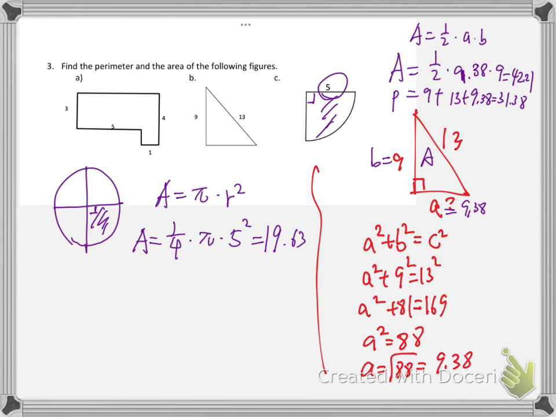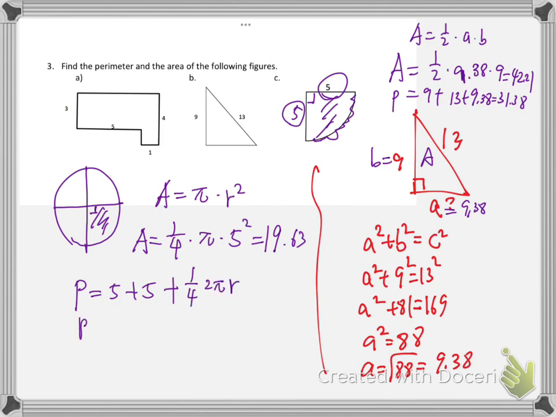So now what's the perimeter? Perimeter is 5 plus 5, 2 radii, plus this arc length, right? This arc length is also 1/4 of the whole circle. So what's the whole circle? 2 pi r. That's the length of the whole circle.